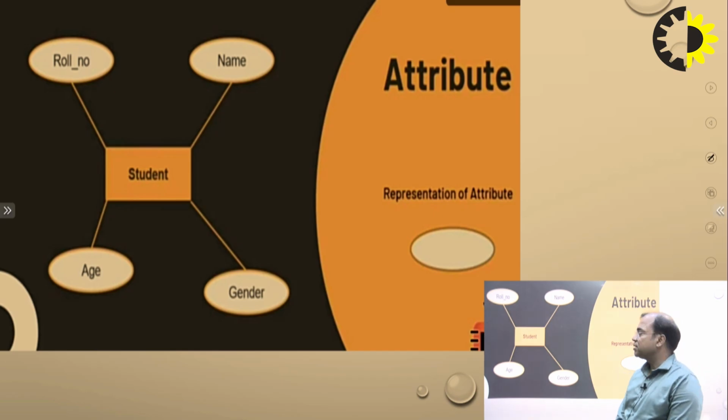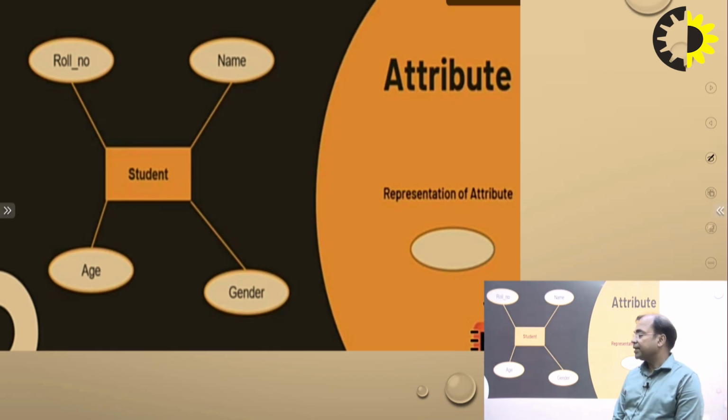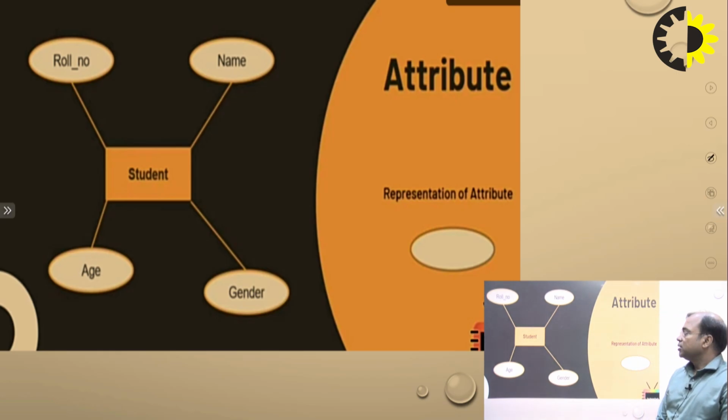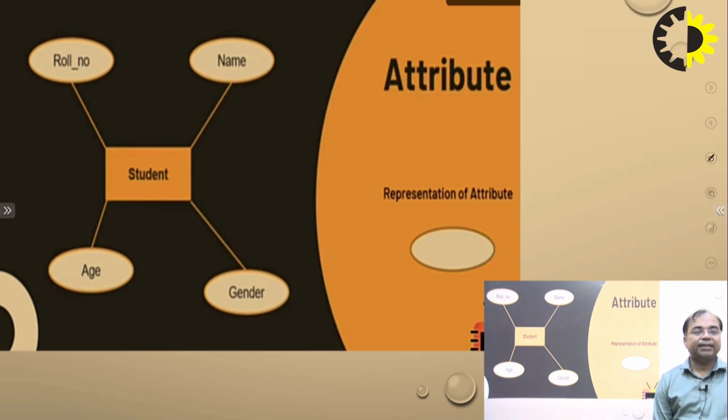So the student's properties are the name of the student, roll number, age, and gender of a student. So attributes are the properties of entities, and they are represented by this oval shape. Inside the oval shape, we can write the attributes of different entities. Clear?